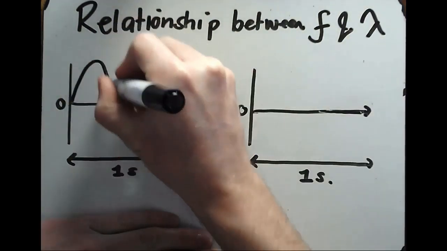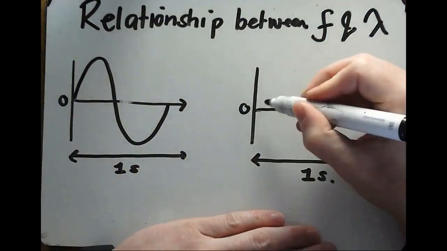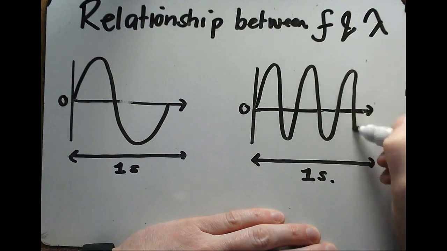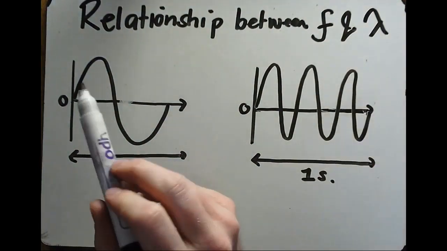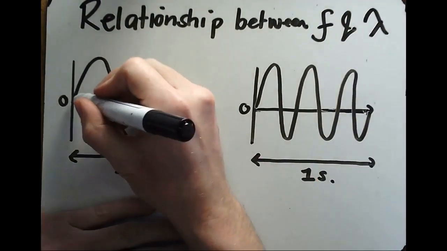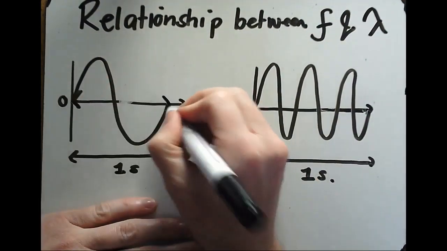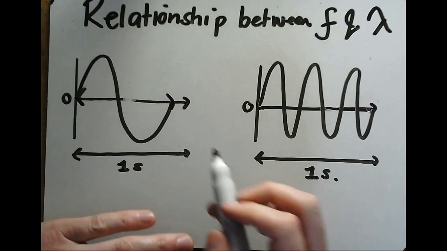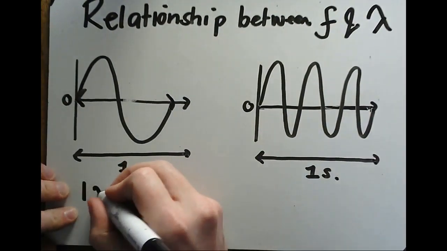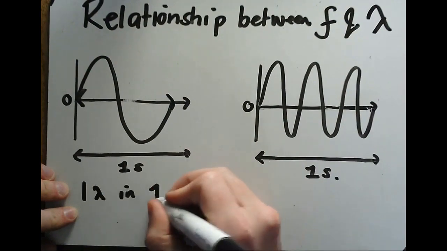So I'm going to draw this one first. And in this one, I'm just going to do another one. Okay, so we can see that in this first wave diagram, I have got 1 wavelength. So 1 complete wave cycle in 1 second. So I've got 1 wavelength in 1 second.